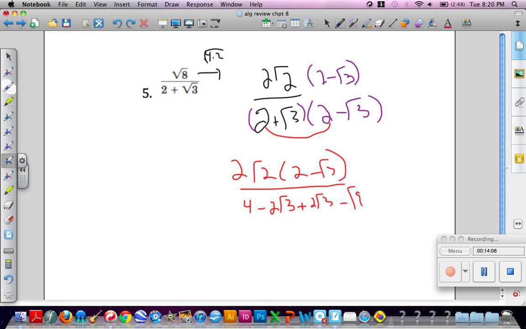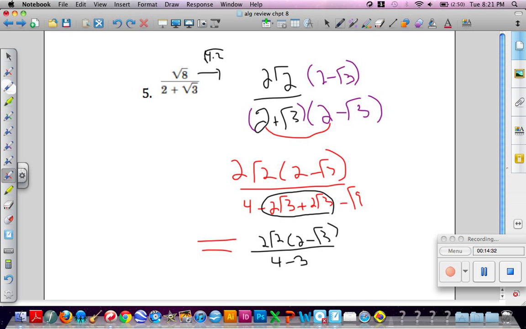Now see this here? This is going to get rid of those radicals. That's what I wanted to do. So on the bottom I have 4 minus 3. On top I still have my 2 root 2 times 2 minus root 3. 1 on the bottom. I'm going to move sideways here.